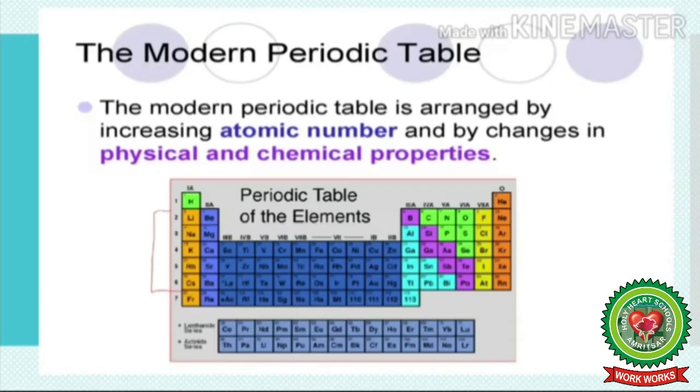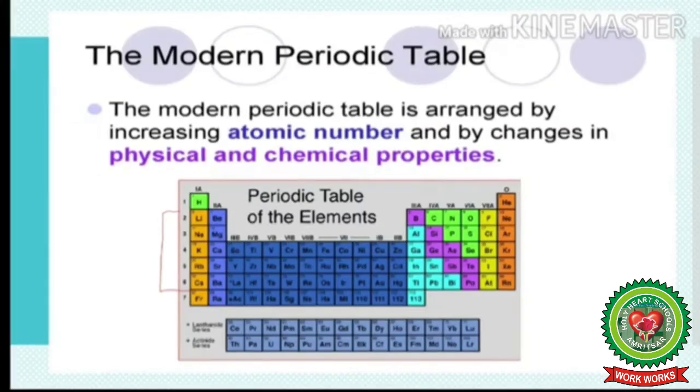They also react with water to form metal hydroxides and hydrogen. So all these elements have similar properties. Why? Because they have one electron in their outermost shell. So the cause of periodicity is the reoccurrence of similar electronic configuration.